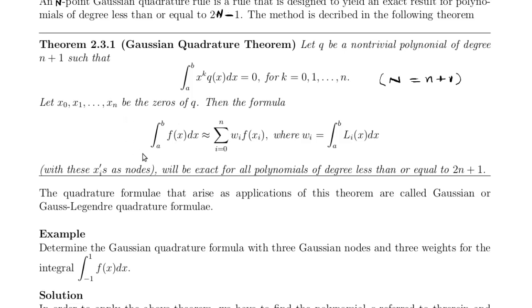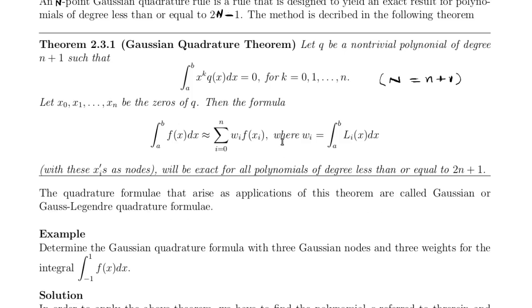Okay, so in this quadrature formula, you can see that our wi, the weights, are similar to the weights when we apply the Newton-Cotes method. It is similar. The quadrature formulas that arise as an application of this theorem are called Gaussian or Gauss-Legendre quadrature formulas.